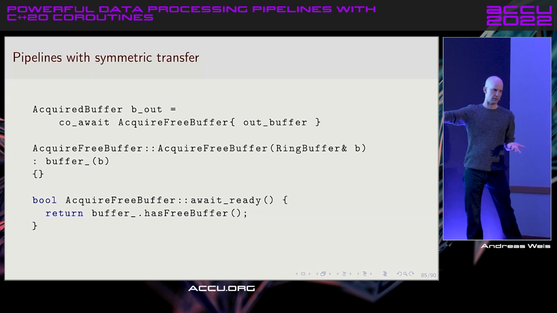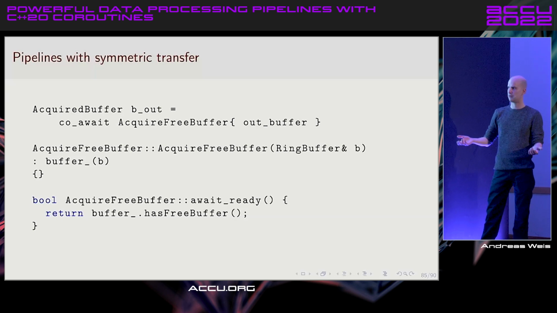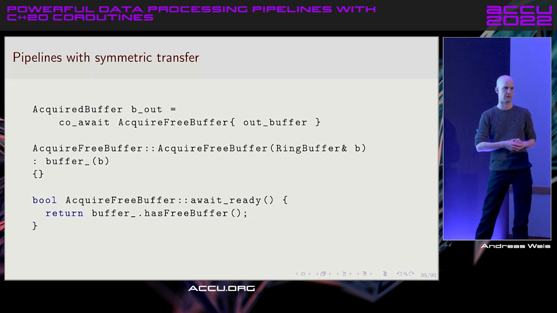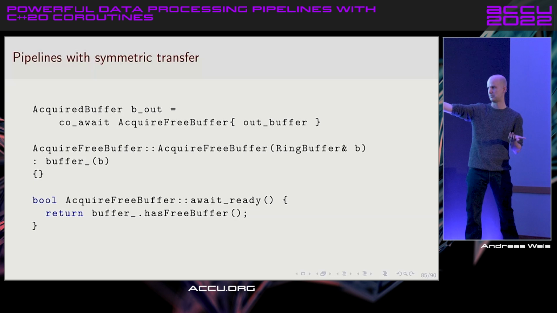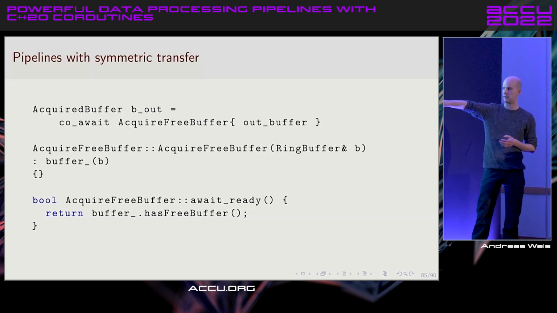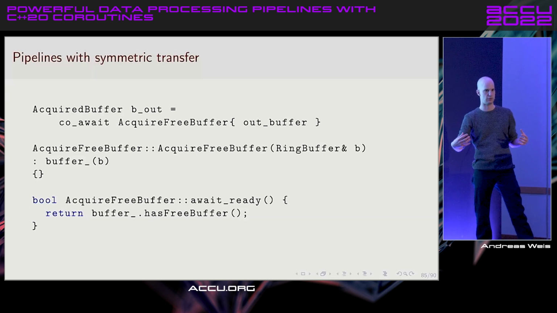Which, maybe you want to do this, maybe you don't. Maybe you look at it and think, oh, I already spent so much time in this processing step, let's just go to the next one, right? Or decide on something else, right? So the await_ready gives you control over whether to suspend or not. And this is a very powerful mechanism to, with very little code, have a huge influence on these execution patterns.